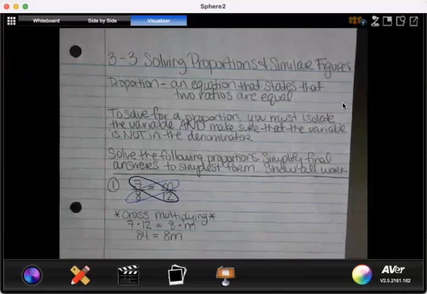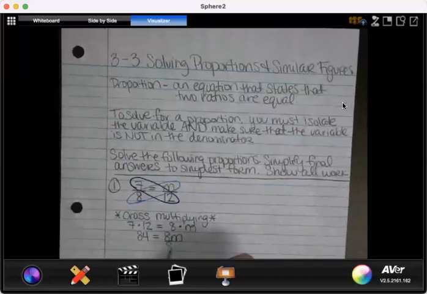Now we have taken away the need to worry about the fractions right now, because now we have two things that do not appear as fractions. But we do need to divide by 8 to isolate the variable.